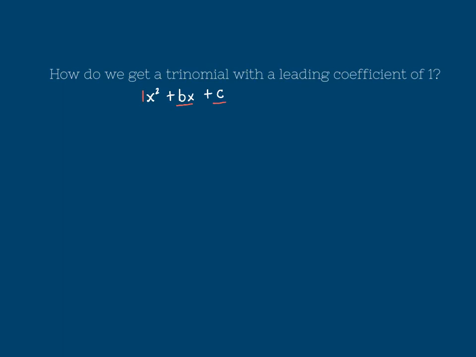So the way that we get a trinomial with a leading coefficient of 1 is when we multiply two binomials together, like let's say x plus 3, x minus 5, and they both have a leading coefficient of 1. So if we were to FOIL this, we would get x squared minus 5x plus 3x minus 15.